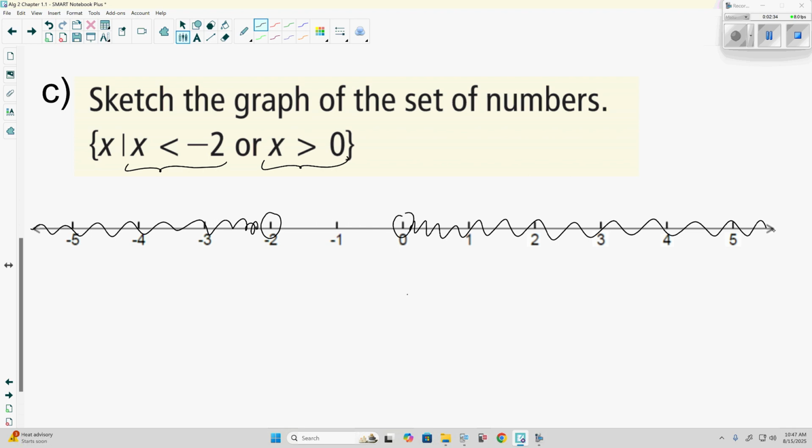Now C, it didn't ask this, but if we wanted to write this in interval notation, we have two parts. Because we have the left side, this x is less than -2, and we have the right side, our x is greater than 0. If we look at the left side, x is less than -2.